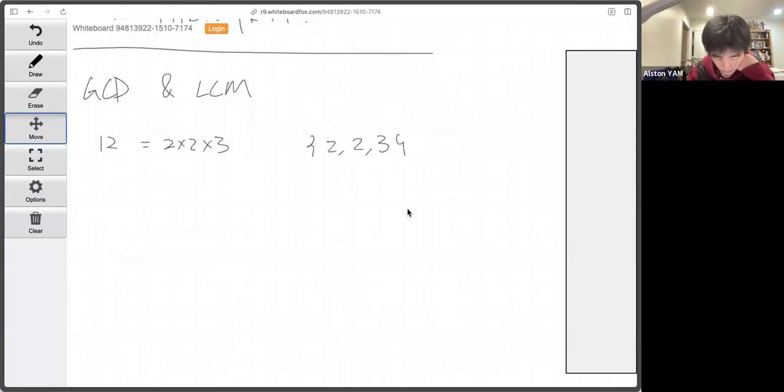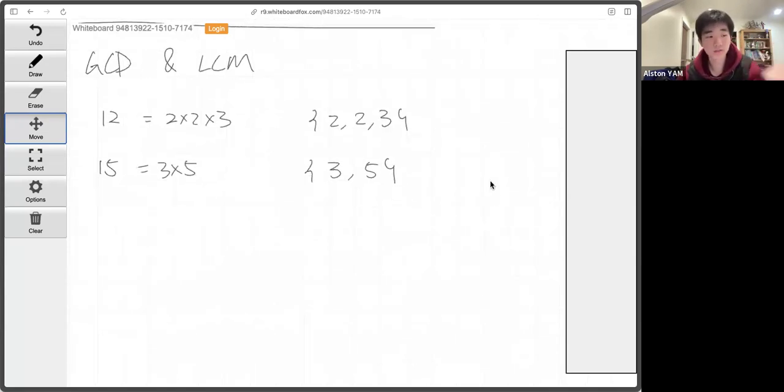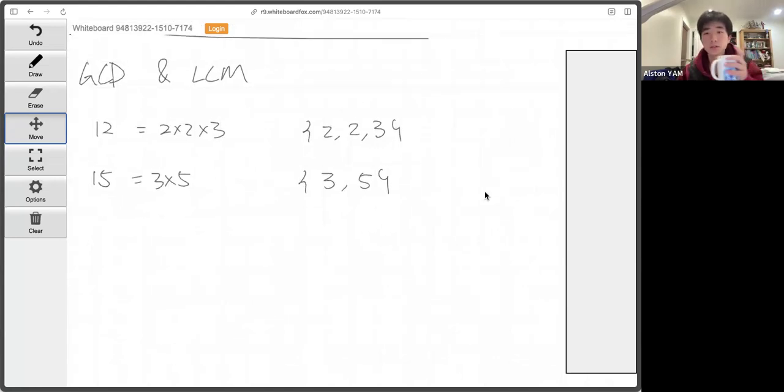Let's do another example, 15. That is 3 times 5, sorry. And we'll write it as 3 and 5 as the set. So how does the GCD definition come into this, right? How does it affect whatever notation we have here?